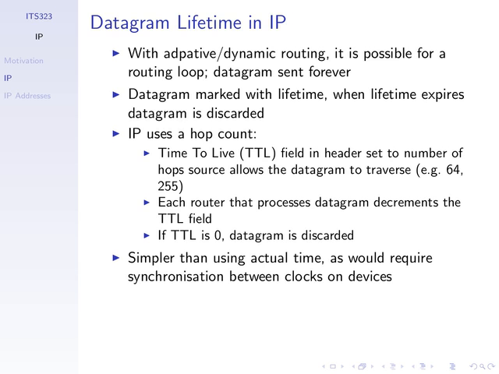But that would mean we'd have clocks at each device and know the time when it was sent and the time when it was received, and the clocks at the devices would need to be synchronized. That's very hard in a large network. So in practice, we say this datagram can be sent 4 hops to approximate some time that it's allowed to live. So time to live is really measured in hops to live. Measuring real time is too hard in a distributed network.